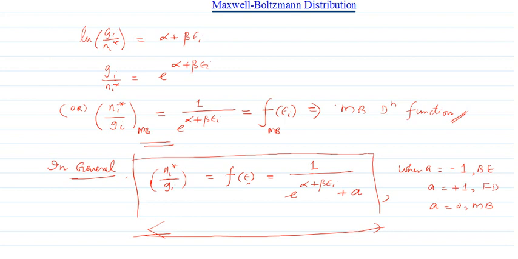So by that, I think the major topics of distribution functions are over, and now we'll be in a state to individually discuss the ideal Bose systems and ideal Fermi systems, which are given as two separate modules.